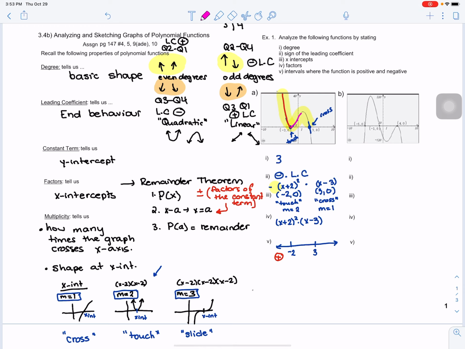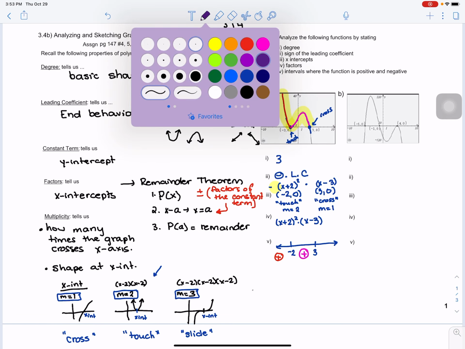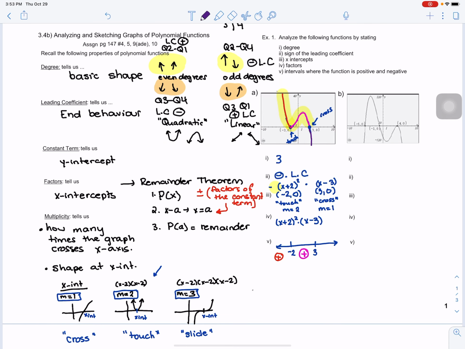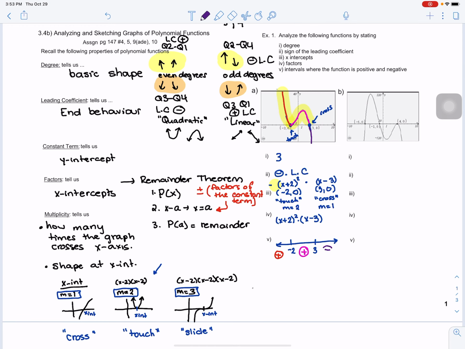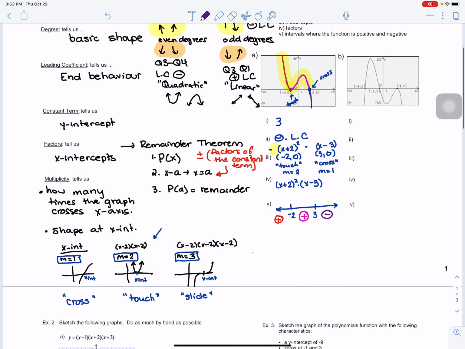This branch of the function is between minus 2 and 3, and that branch of the function is also positive. And then this branch of the function is after 3, so that would be negative because it's sitting below the x-axis.